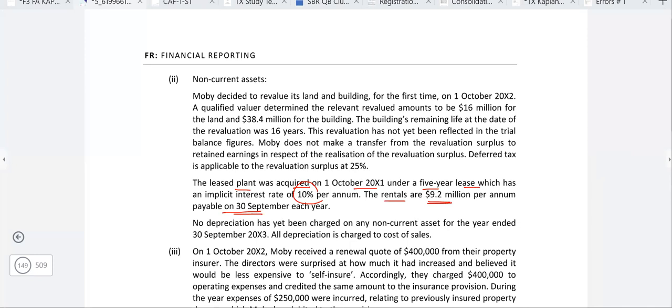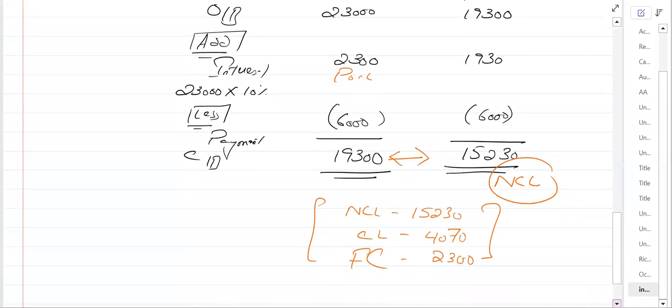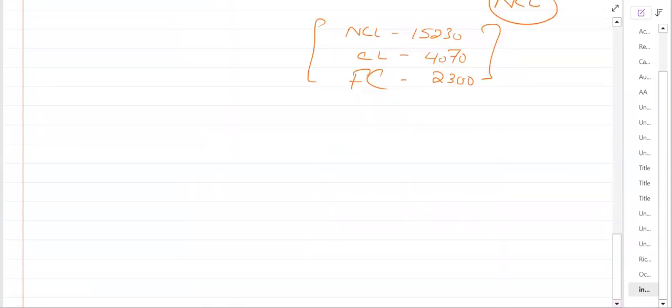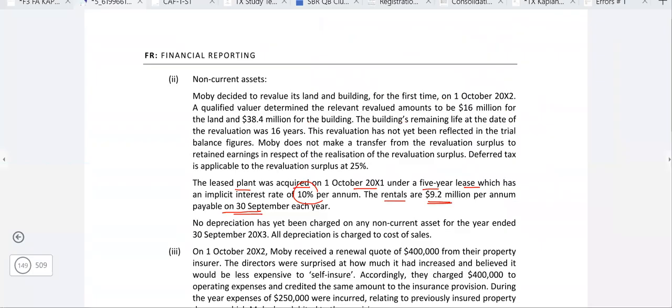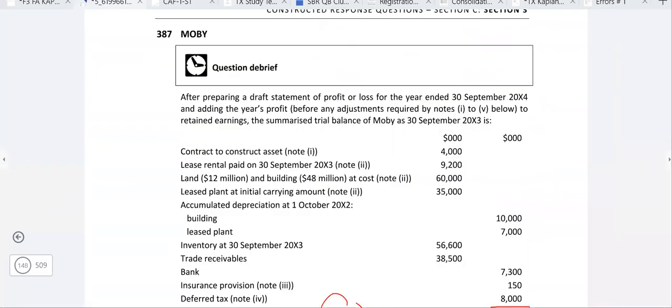So again, the same working. There's nothing special in it. Check the opening balance. From the trial balance, here we have the lease obligations.